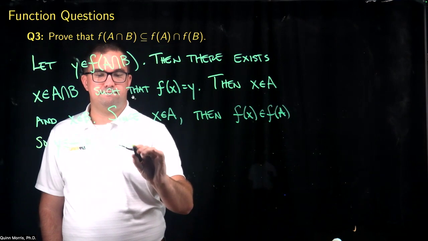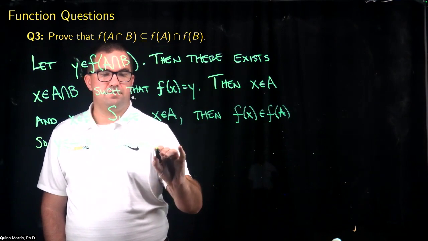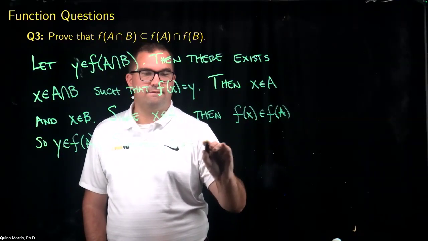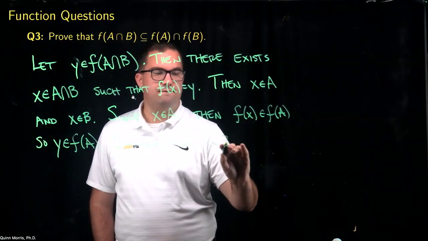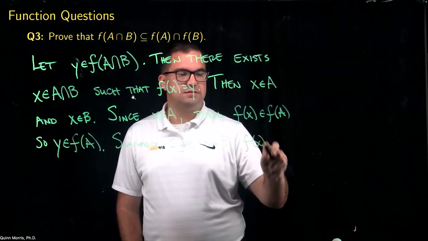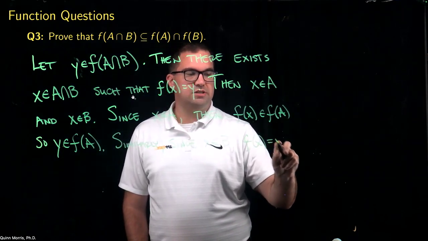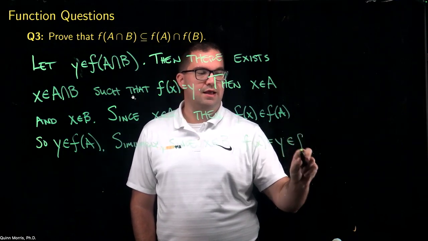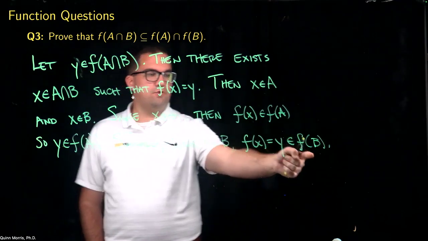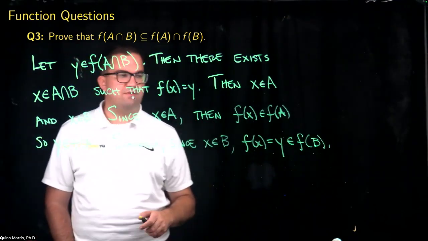Similarly, let's do the same thing with B. So since X is in B, f of X, which is just equal to Y, is in f of B. So now Y is both in f of B and it's in f of A.